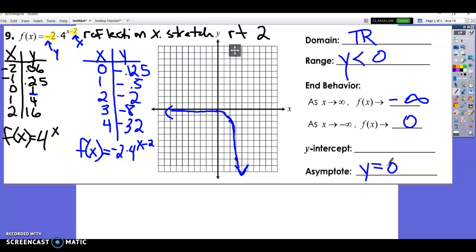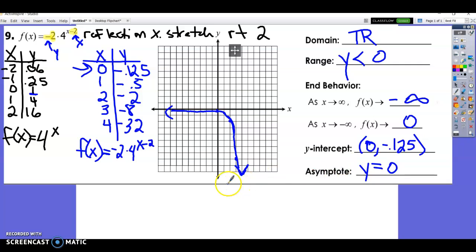And then my y-intercept is whatever my 0 is, so it's on the table here. So it's going to be 0 and negative 0.125. Now, if 0 wasn't one of the numbers in the table, remember you can just take 0 and plug it in for x and solve to find your y-intercept.